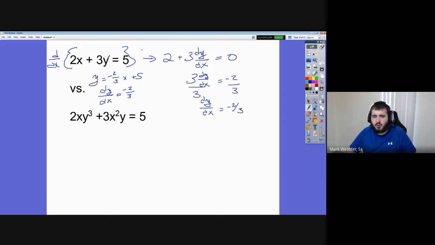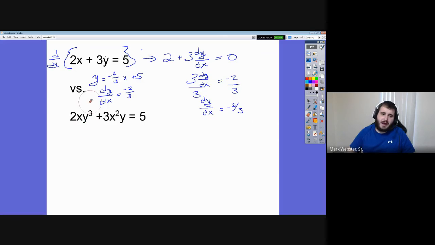I mean, we can use it, take the derivative, take the derivative, take the derivative, and then solve for dy/dx. And you may like that way, and you may choose to use it all the time in weird situations. But the reason we have problems like this is because of something like this, where we can't solve for y.